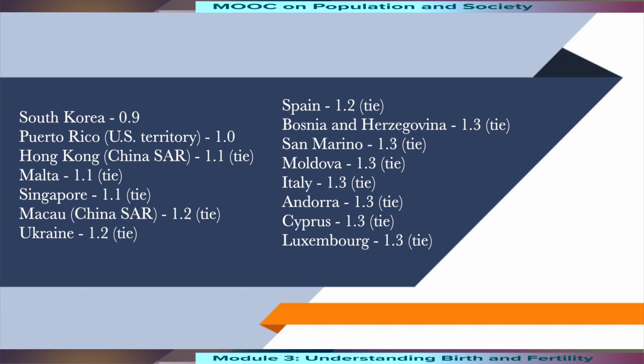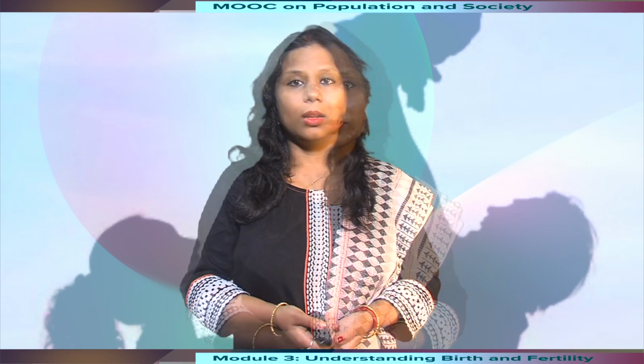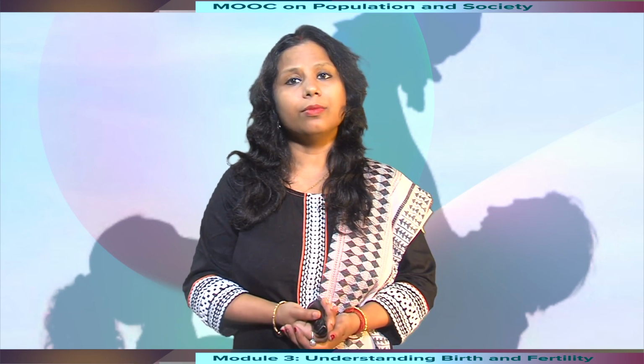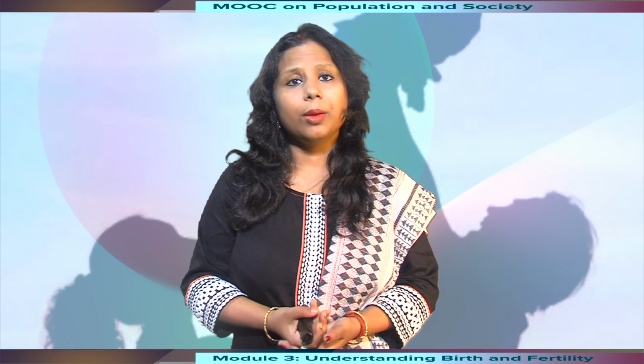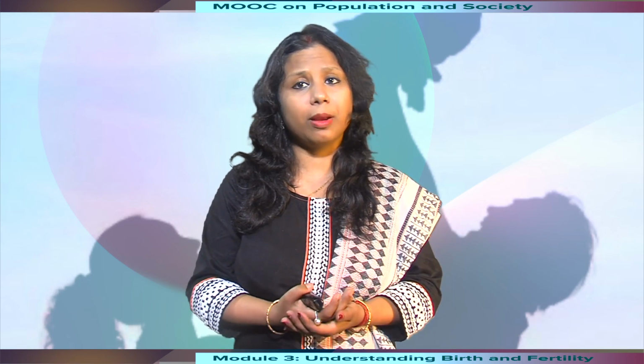So we have seen that the developed countries have lower fertility rates, while the developing or underdeveloped countries have higher fertility rates. Let us now try to understand the causes behind this. Developed countries tend to have a lower fertility rate because most of the people in developed countries desire family planning due to their socio-economic factors and lifestyle choices.